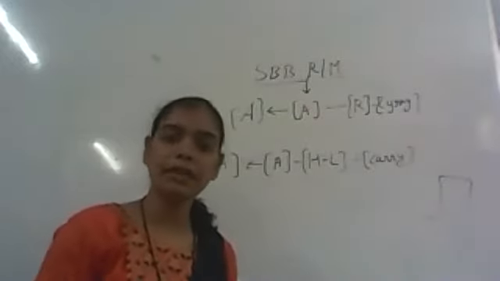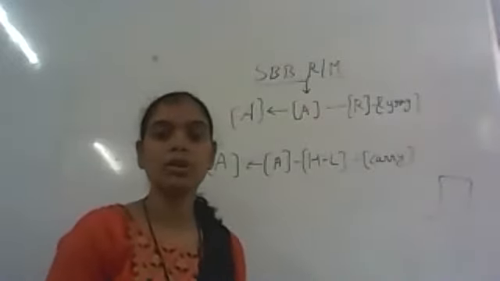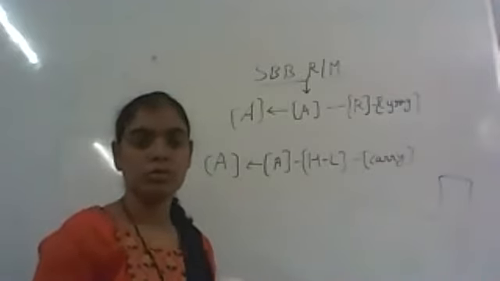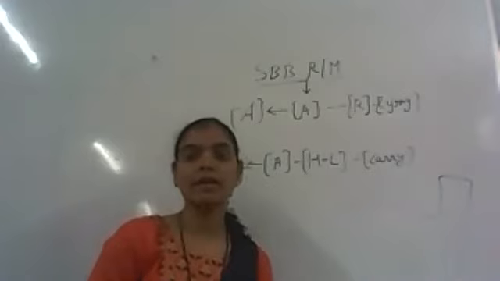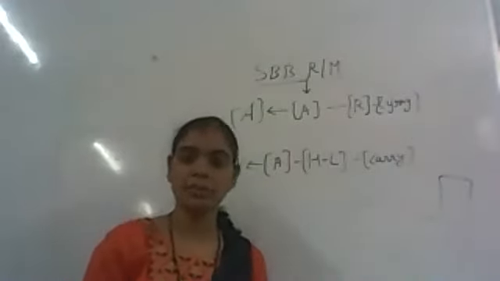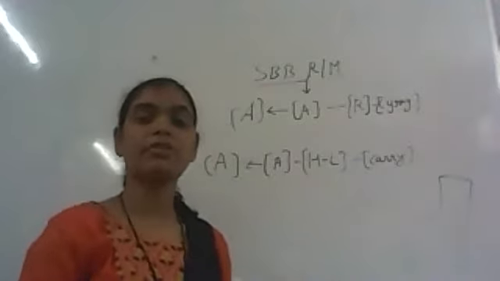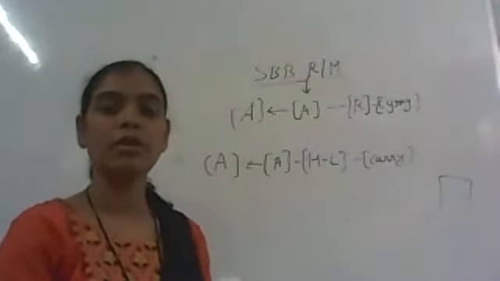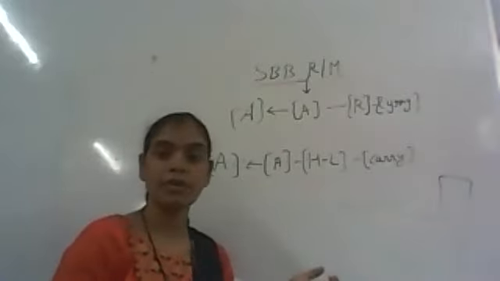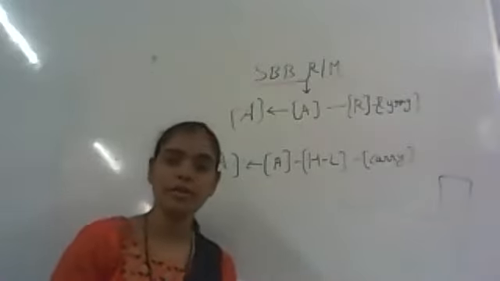The content of any register or memory location and the borrow value, that is the carry flag in this case, are subtracted from the content of the accumulator register. The corresponding difference is saved in the accumulator register.